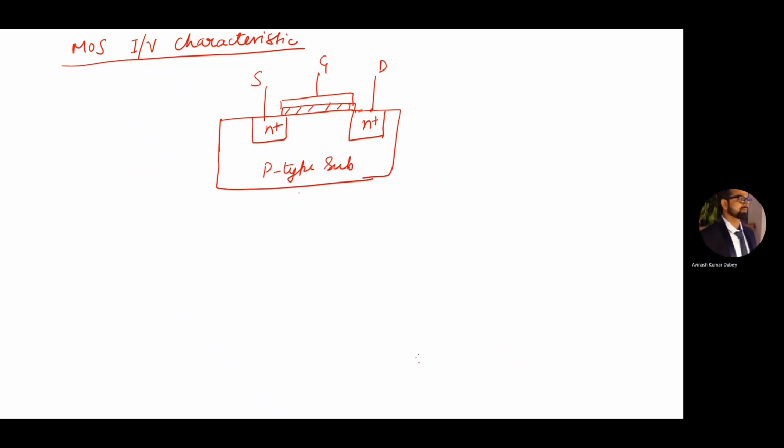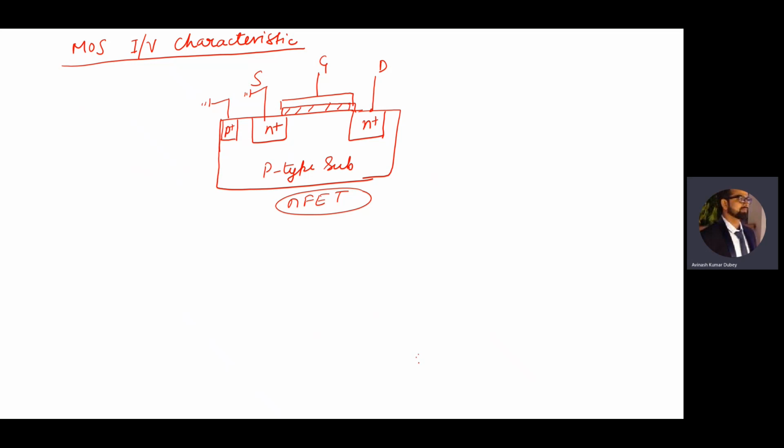Okay, if you consider the four terminals, the substrate can be considered here this way, that is our P plus, and that is grounded. Generally the source will be grounded. Let us bias it. So consider this N-channel MOSFET, NFET or NMOSFET.